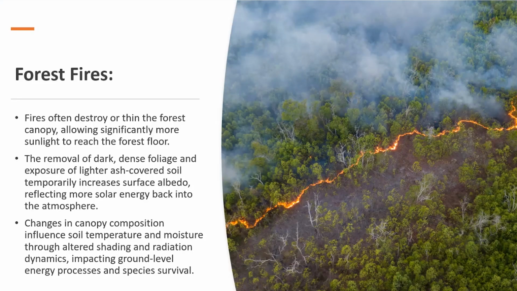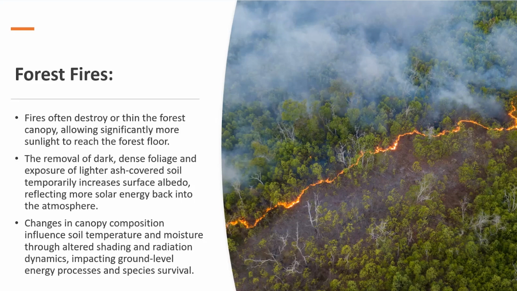So things that can change the canopy are things like forest fires. They often destroy or thin the forest canopy, allowing for significantly more light to penetrate to that lower group of vegetation. And by doing that, it creates a warmer environment with more sunlight available, which helps it to regrow afterward. So it's part of that system, and that's something that could be characterized.